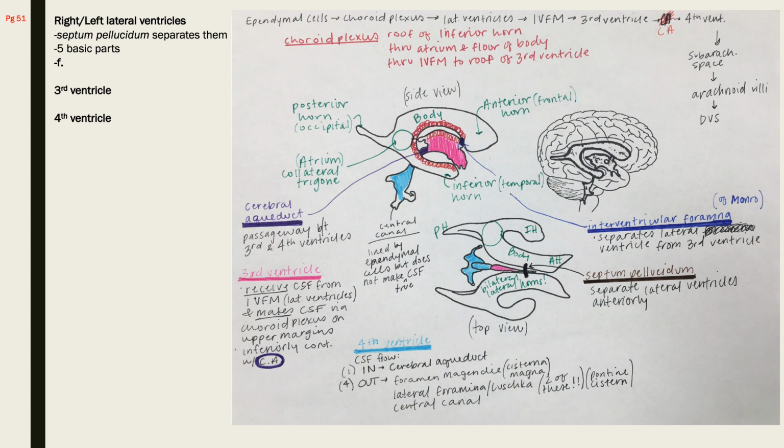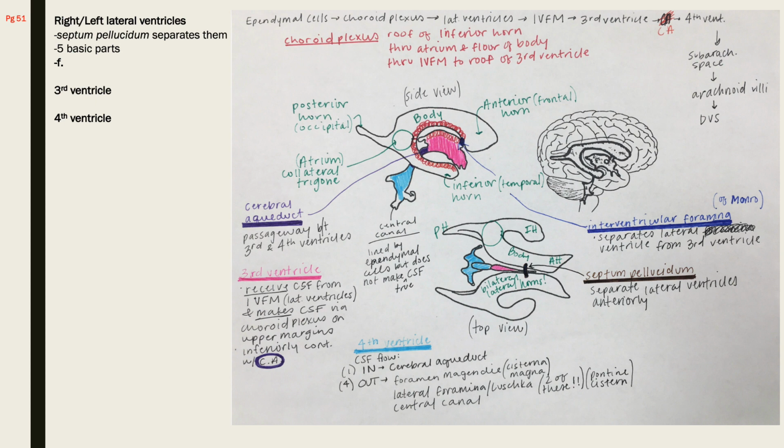Make sure you know the 5 basic parts of the lateral ventricles. Looking at this diagram, the one on the top left is a side view, whereas the one on the bottom is kind of looking from top down. So you can see the 2 lateral ventricles, and the septum pellucidum actually is the brown one that I have labeled there. Back to the side view.